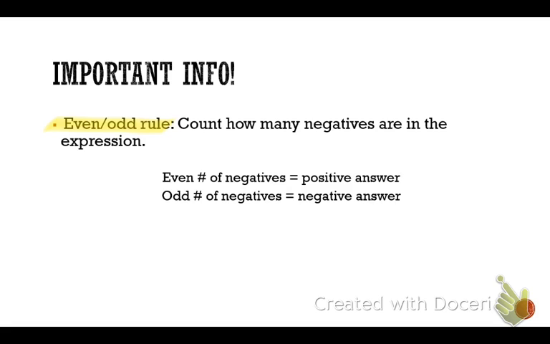So don't say same sign and different sign. That's my addition rules, okay? In the expression, if there is an even number of negatives, it will be a positive answer. If there is an odd number of negatives, it will be a negative answer. That'll make more sense as we start practicing, okay?